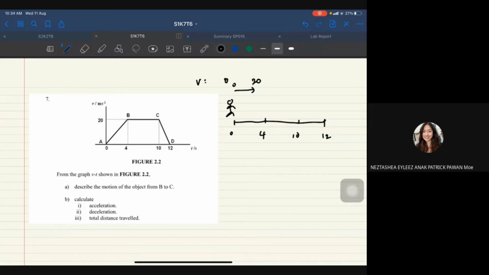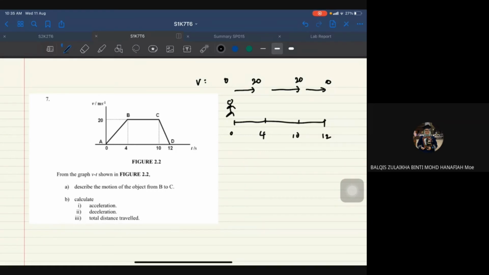This is positive, so they still travel to the right. Okay, so 10 to 12, what happened there? Velocity dia from 20 berubah ke? Dia decrease. Yes, decrease and eventually the velocity becomes 0. Okay, very good. So ini dia punya kisah, dia punya situation.